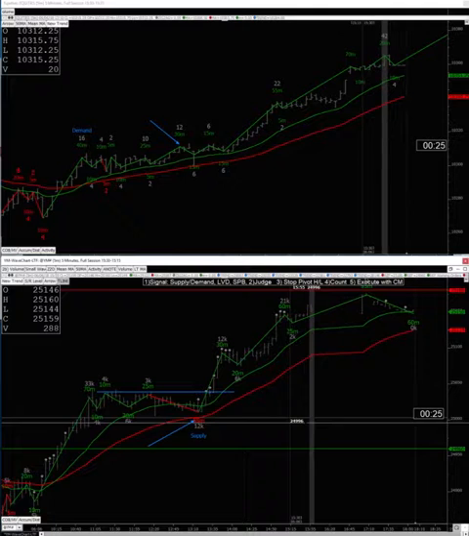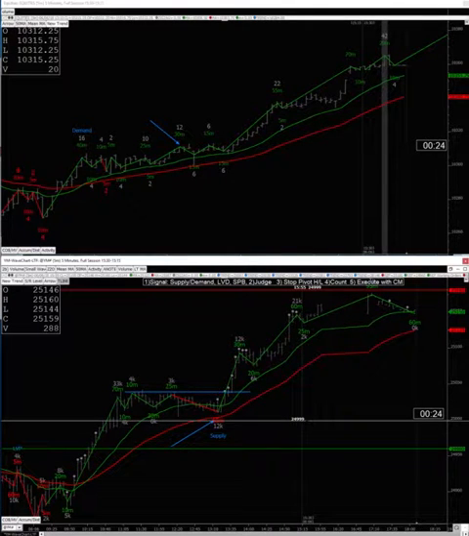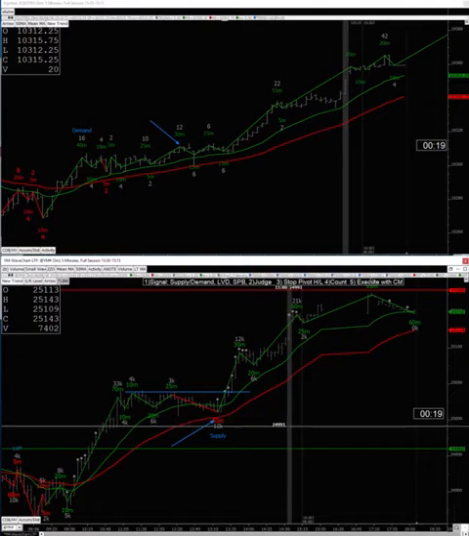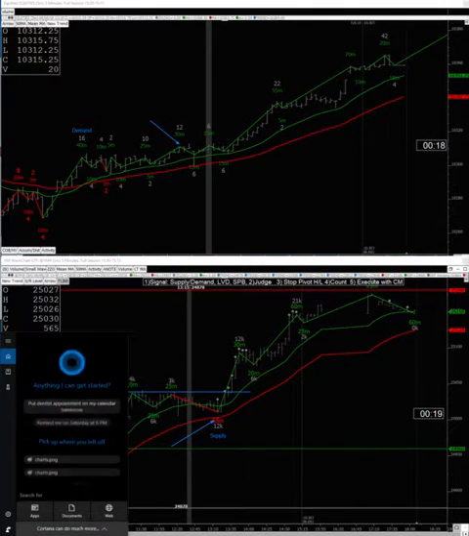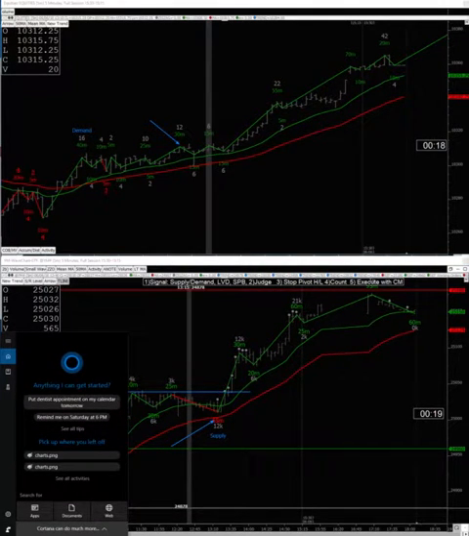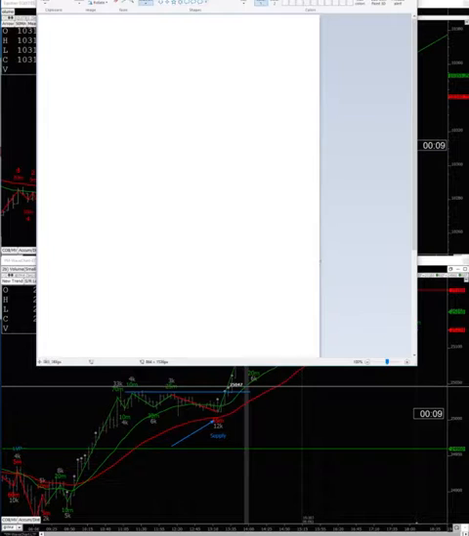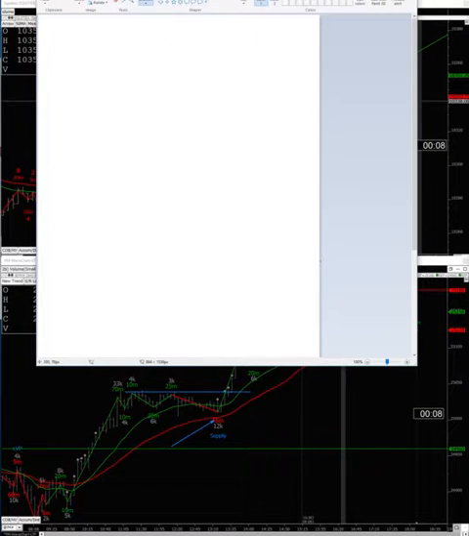Okay. So this approach is really from the Wyckoff method. In the Wyckoff method, when you trade a stock, you're supposed to have a stock and then the market.